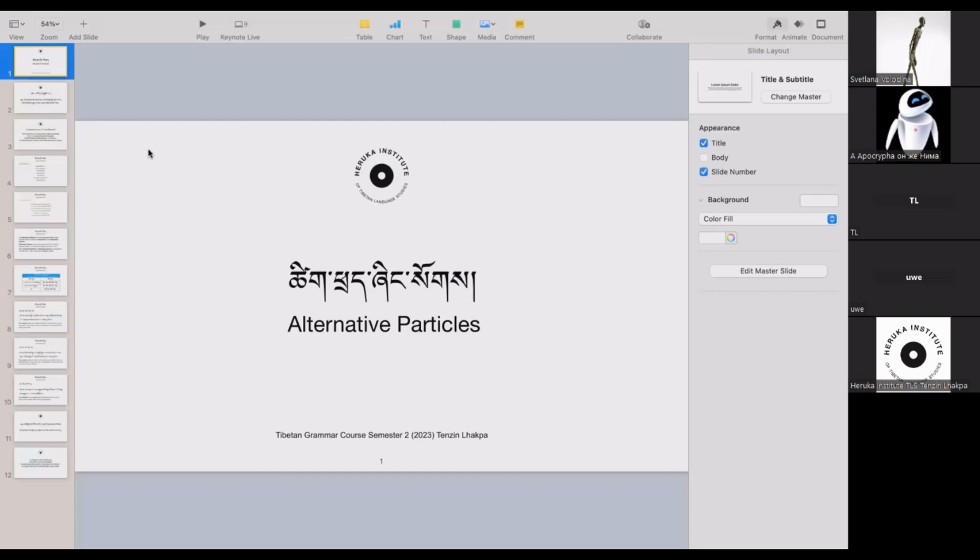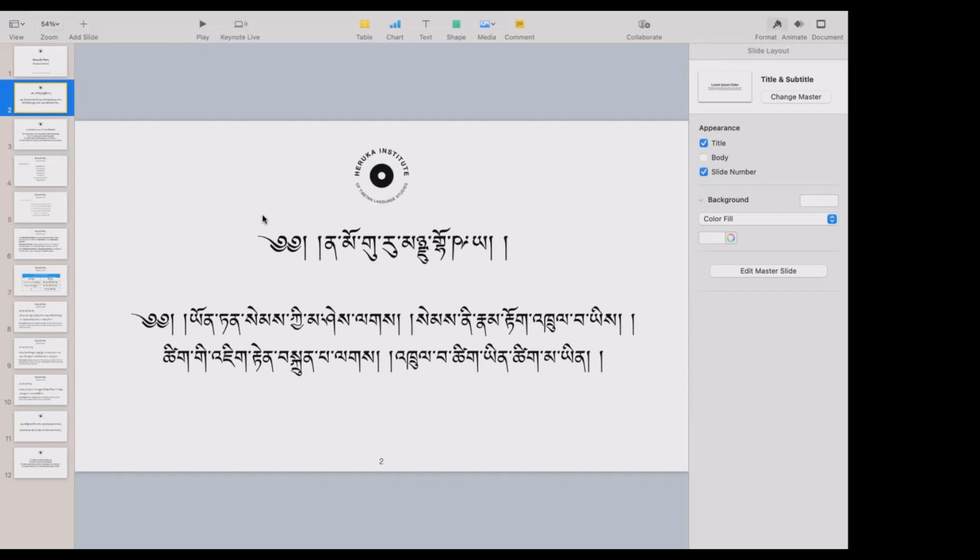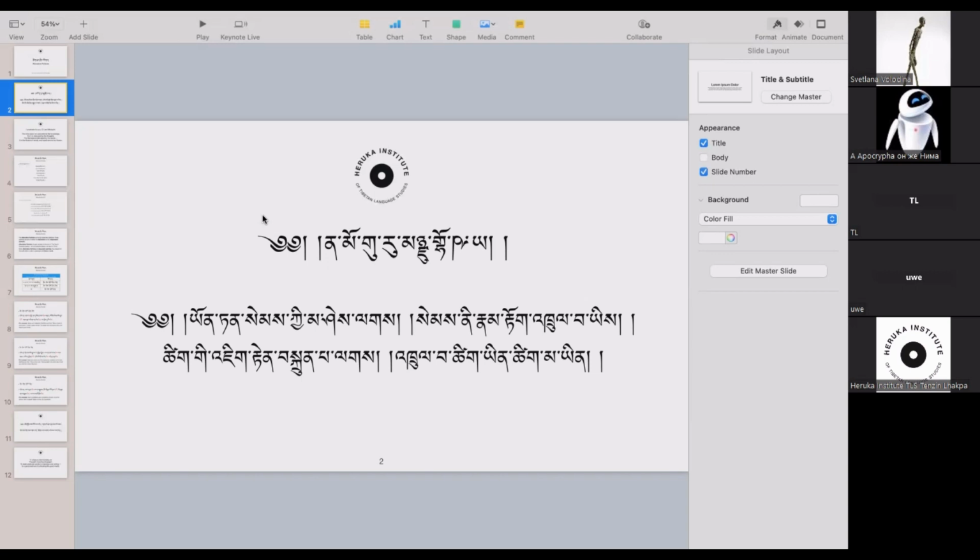Before we go to the lesson, let us begin with the verse of dedication, the line of dedication, and then a small verse. So the first line is the line of dedication. Today we dedicate this class to Lord Manjushri. Namo Guru Manju Koshaya. This is the same line that is used as the verse of worship for this particular text.